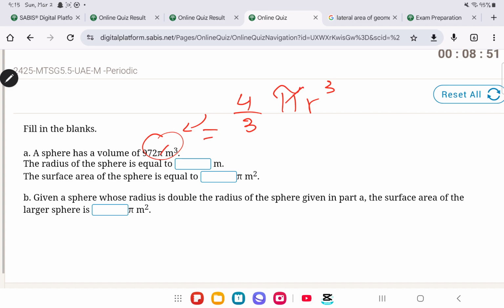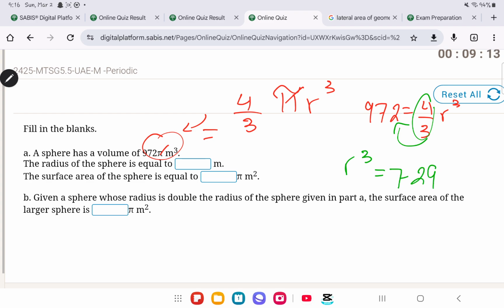You cancel the pi, and you get 972 is equal to 4 over 3 r to the power of 3. Then you move this to the other side, you're going to get 972 times 3 divided by 4. Then you are going to get that r cubed is equal to 729.